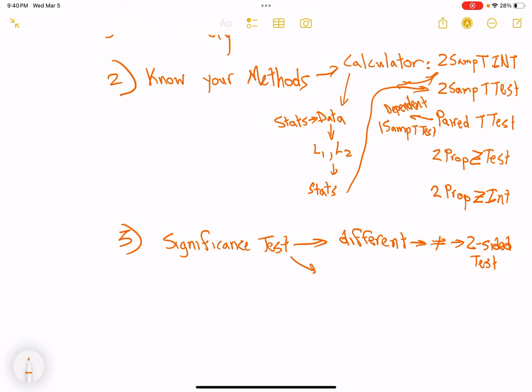And then remember, on the other hand, that if it says greater than or less than, that's going to lead to, again, greater than or less than, which is a one-sided test.